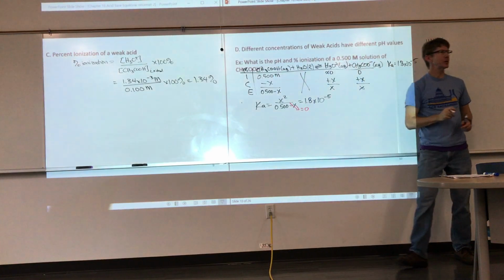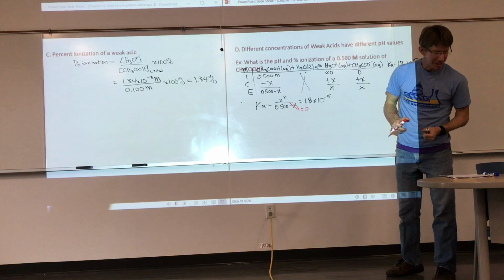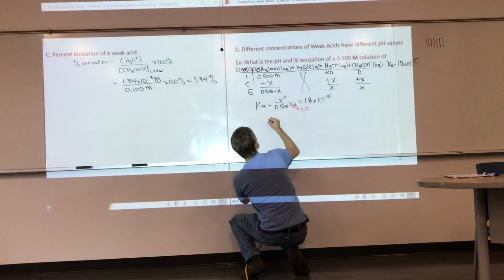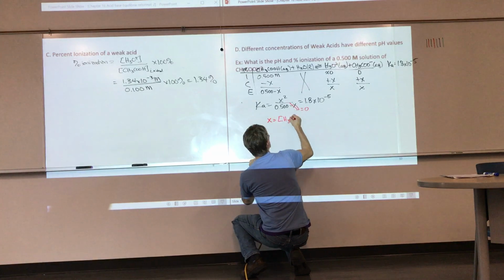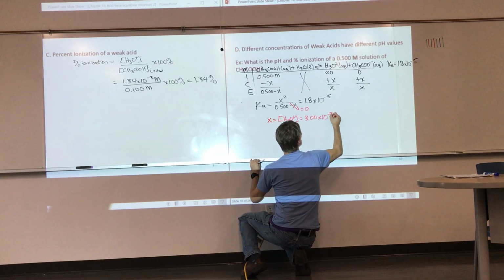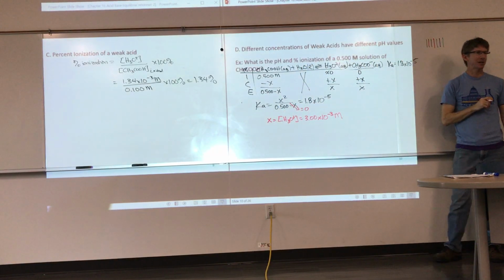We will still assume that we can ignore x. We will still solve it, and if we do, we get that the concentration of hydronium, which is x, is 3.00 times 10 to the minus 3 molarity.